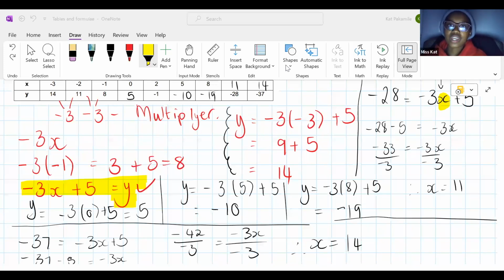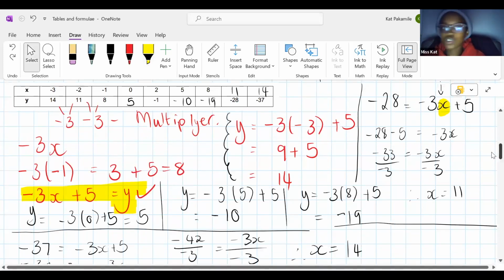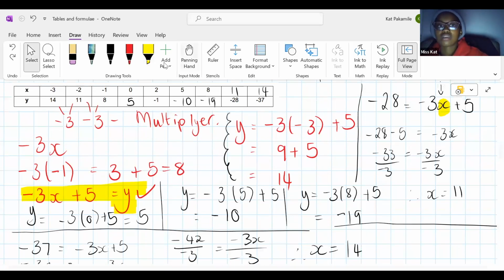I would say for that, you must go with the mark allocation. Sometimes your teacher will just give you a table and say, fill this in. And then they'll give you like 1, 2, 3, 4, 5 marks. Then you don't have to show the calculations. But if this question is worth like maybe 10 marks, then I would suggest you show calculations. Okay.